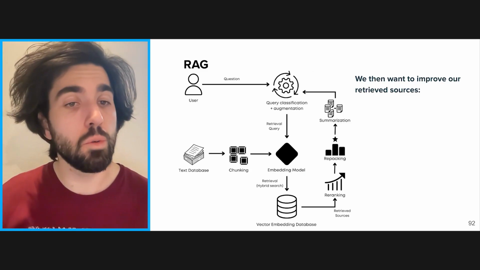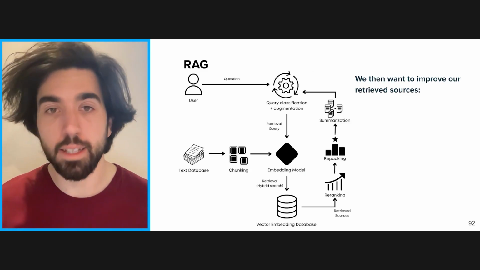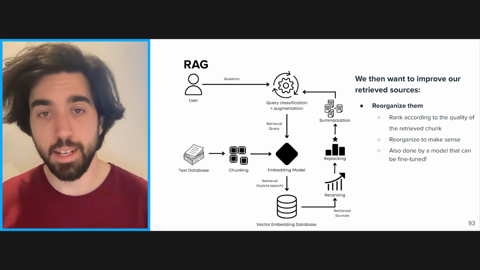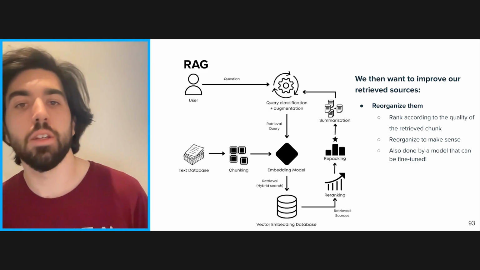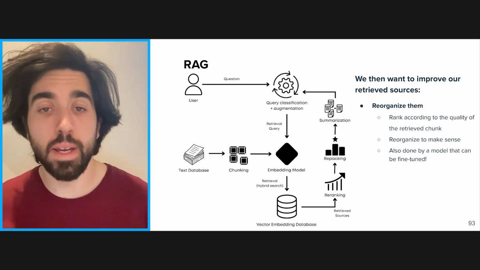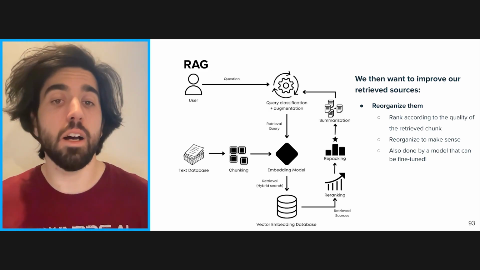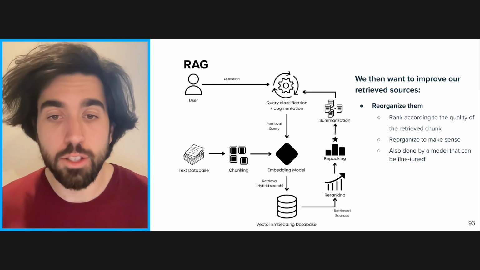So when we retrieve information, we can reorganize it, rank according to the quality of the retrieved chunk, and reorganize the data to make more sense of it, which can also all be done by a model that we can fine-tune to do that.